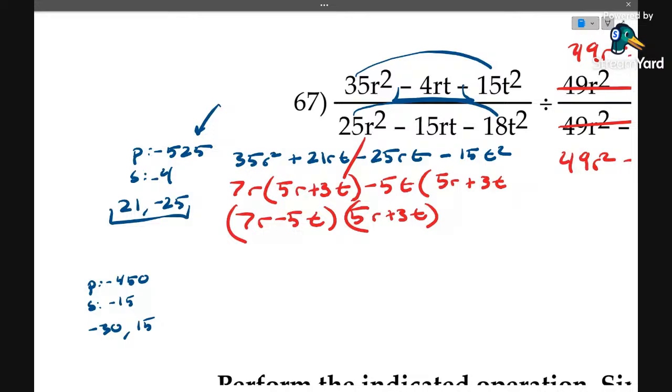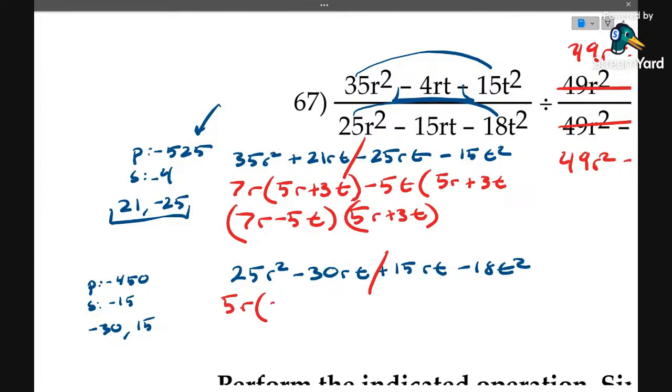Thank you. 25r squared minus 30rt plus 15rt minus 18t squared. So we can factor by grouping 5r for the first one, leaving us with 5r minus 6t.